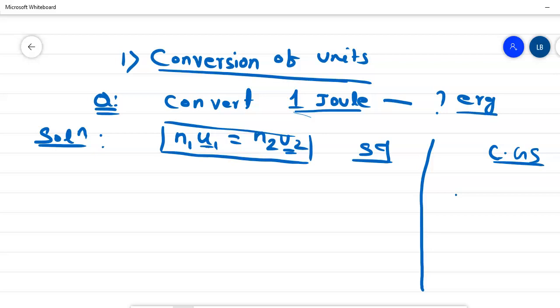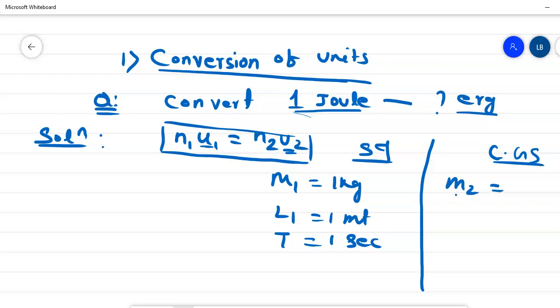I have to write in terms of M1 equal to 1 kg, L1 equal to 1 meter, and T1 equal to 1 second. Here M2 equal to 1 gram, L2 equal to 1 centimeter, and T2 equal to 1 second.